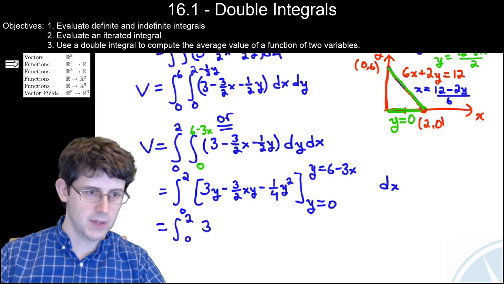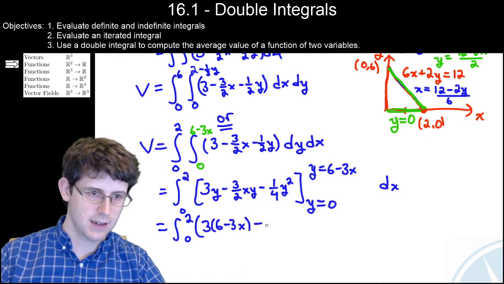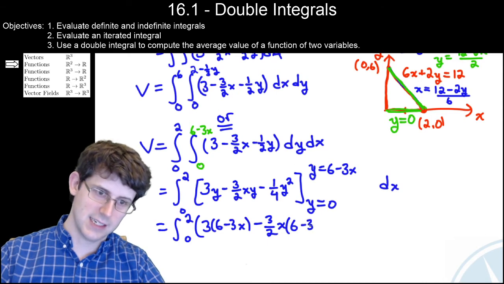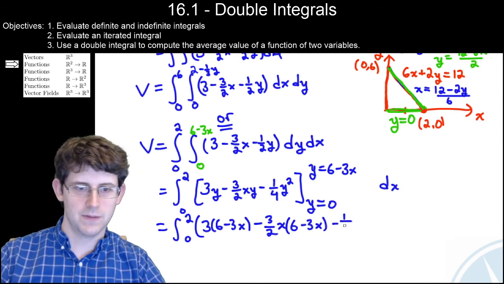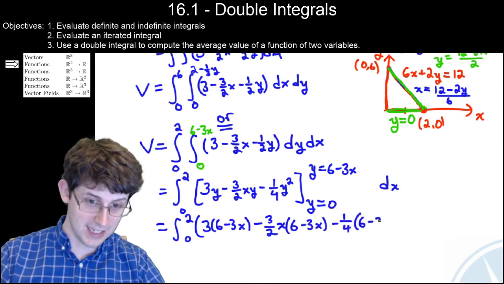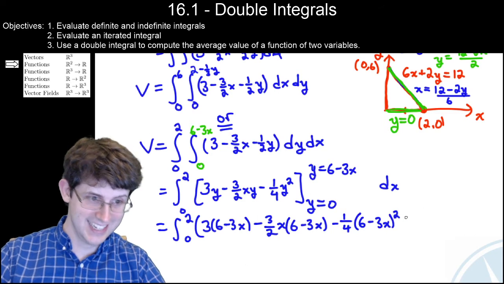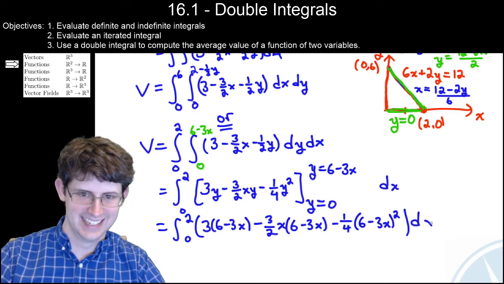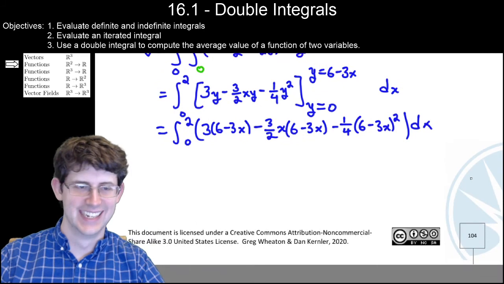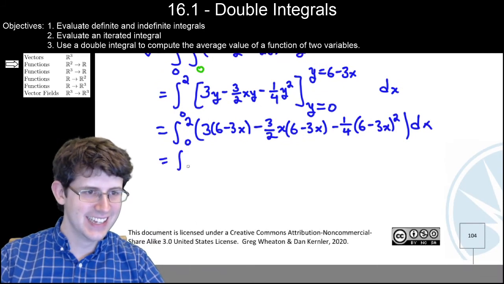So I'm going to have 3 times 6 minus 3x, minus 3 halves x times 6 minus 3x, minus 1/4 of 6 minus 3x squared. Oh no. Okay, let's go.